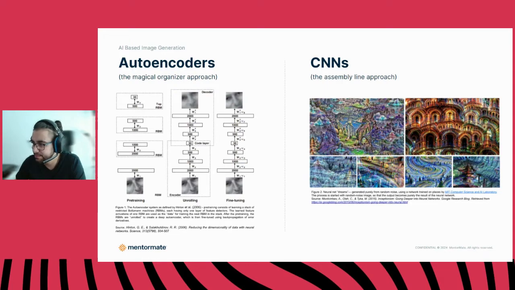It's because scientists from, I think, MIT, yeah, they used a convolutional neural network to generate completely new images from scratch.